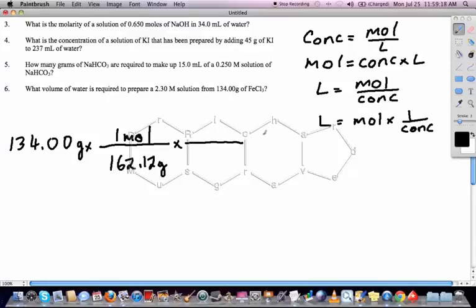Now we need 1 over concentration. This is a little bit tricky because we've got 2.30 molar, which is 2.30 moles per litre.